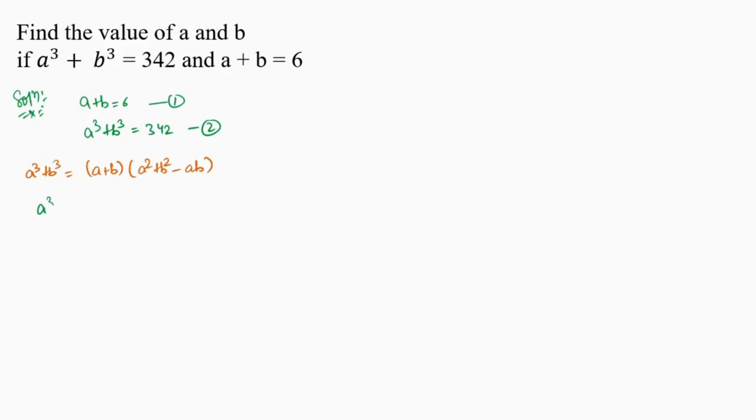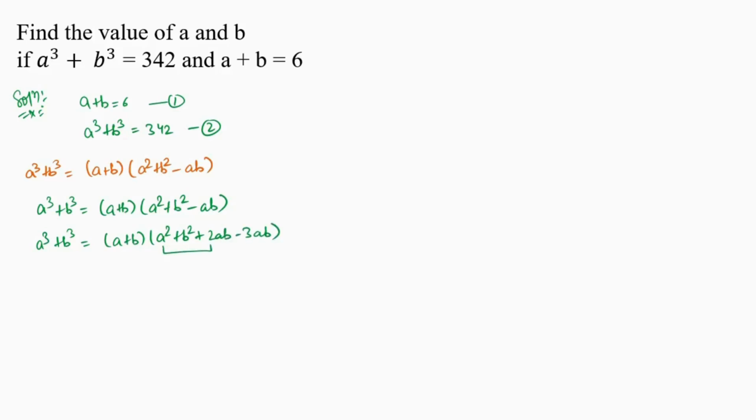We get a cube plus b cube equals (a plus b) times (a square plus b square minus ab). This can be further written as a cube plus b cube equals (a plus b) times (a square plus b square plus 2ab minus 3ab).